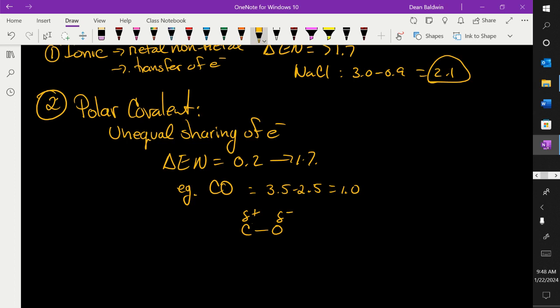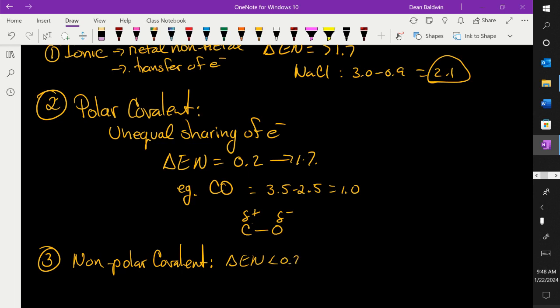And then the final one was non-polar covalent, which is delta EN, which is really small, less than 0.2.